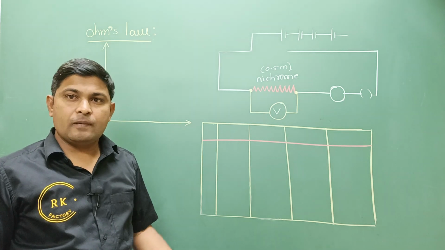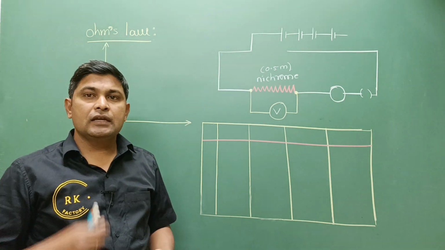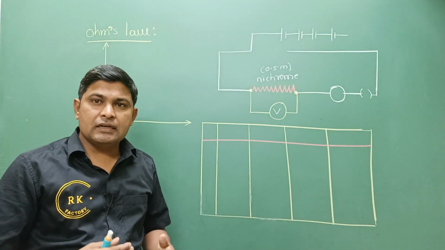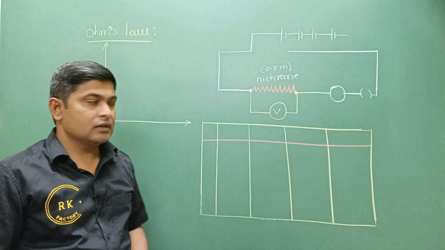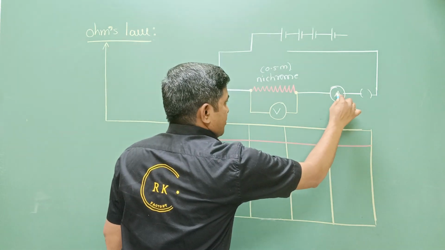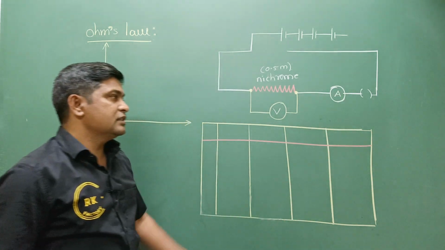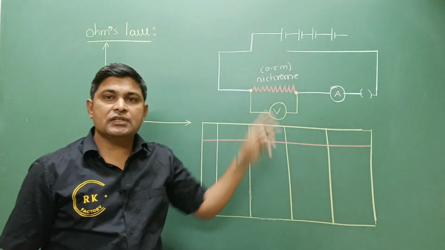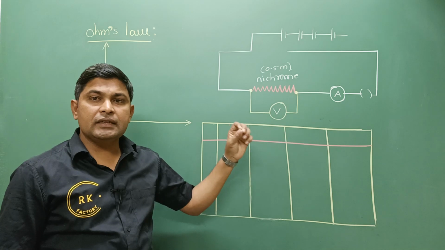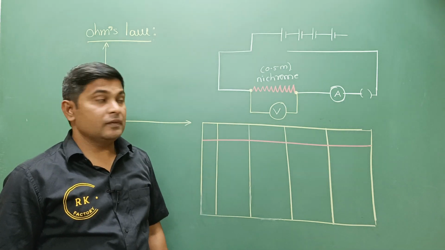Why not series? We will definitely discuss that in the case of the effective resistance of parallel and series resistors. Next, you can see another gauge is there, that is an ammeter, which is connected in series to the circuit. So why here is it again needed to connect the ammeter only in series, that we can discuss.